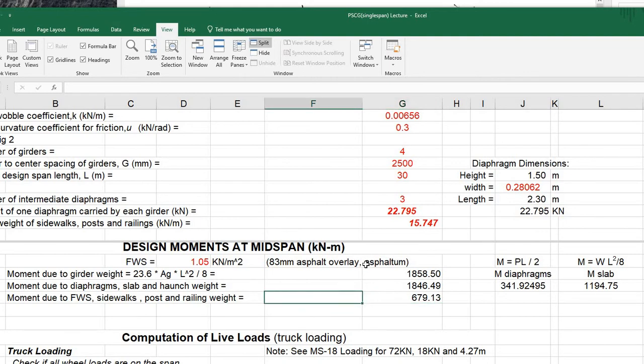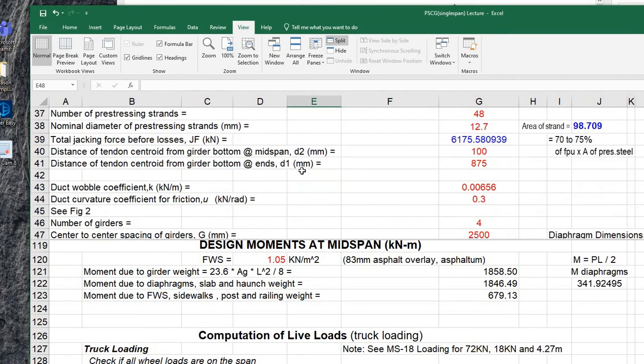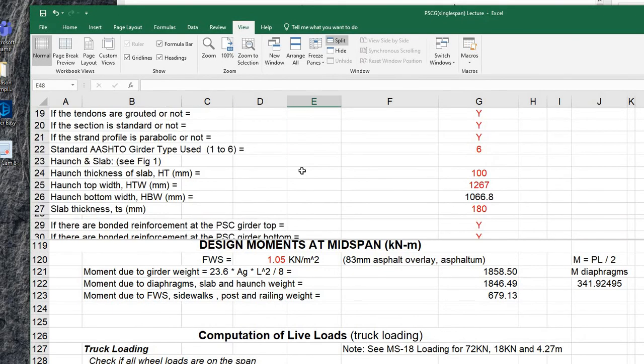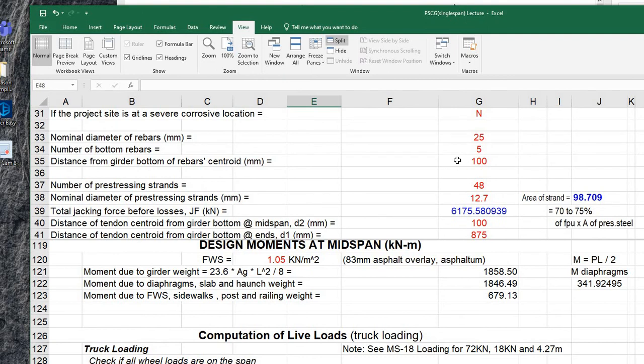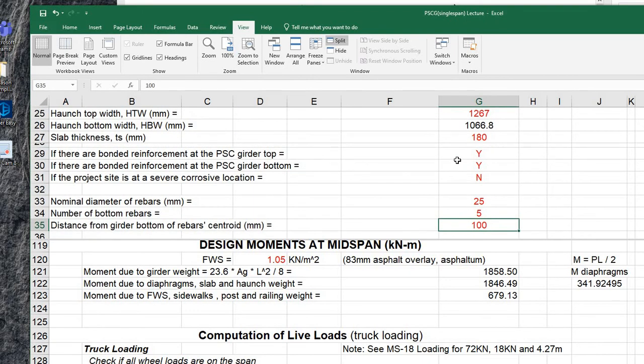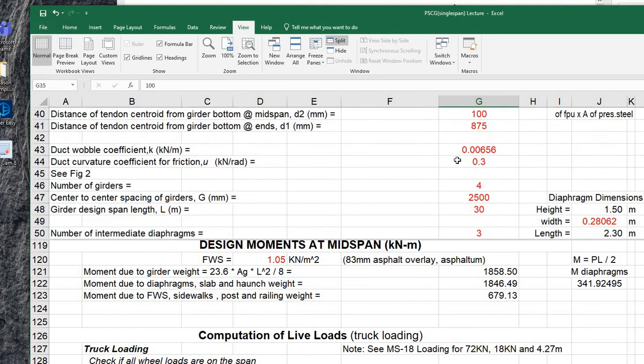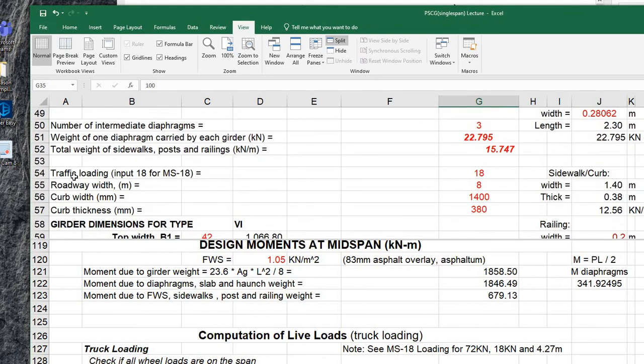So, this is now based on truck loading na MS18. Dito sa ating input, nakalagay dito na, ayun, nasan siya? Ito, traffic loading, input 18 for MS18.